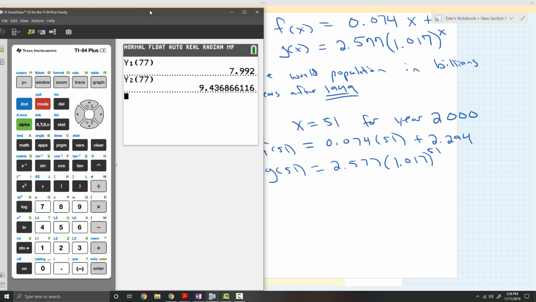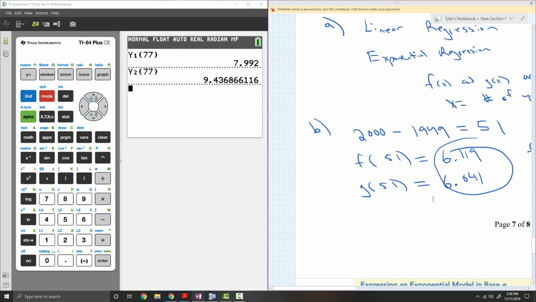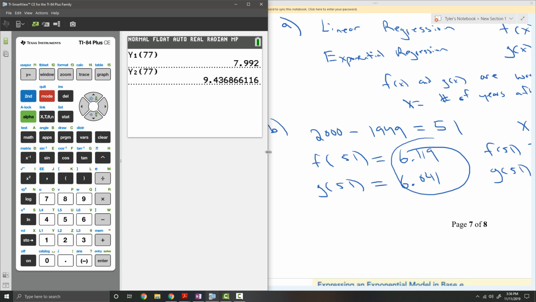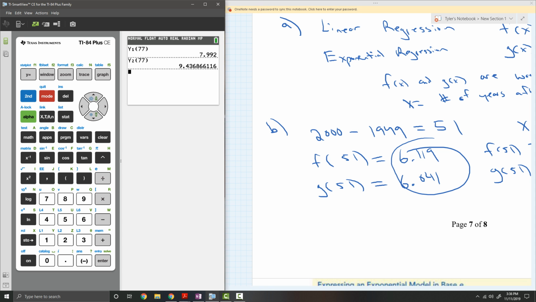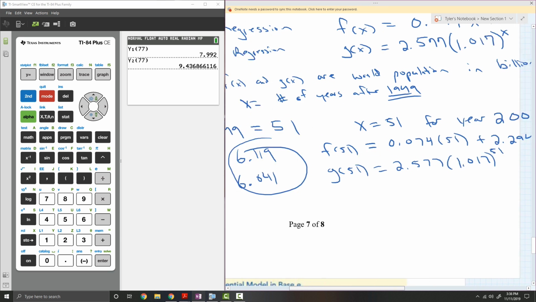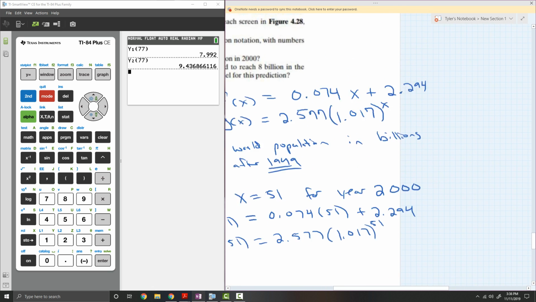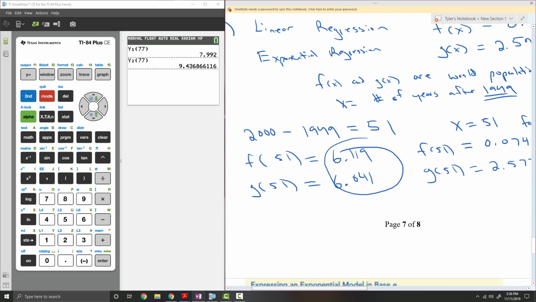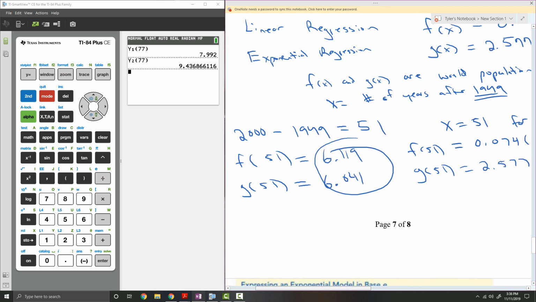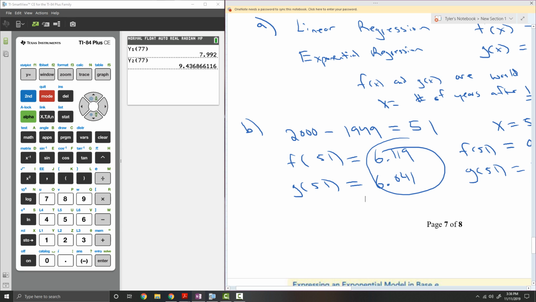So in other words, let me go back to here. We were working on part C. If you weren't following along, let me just write this down. For part C, what we are trying to do is plug 77 in, because 2026 minus 1949 is 77.